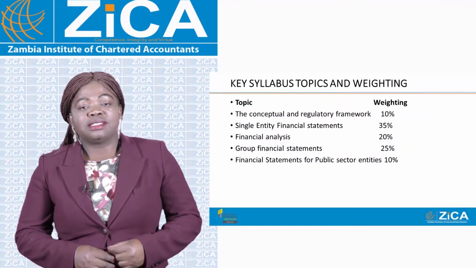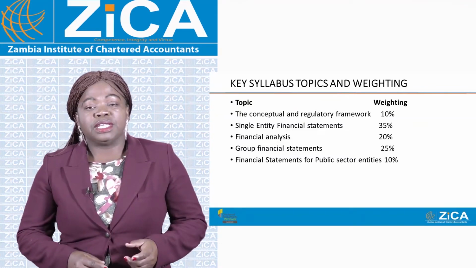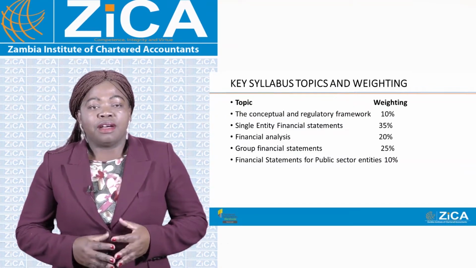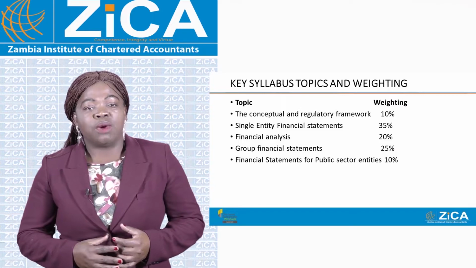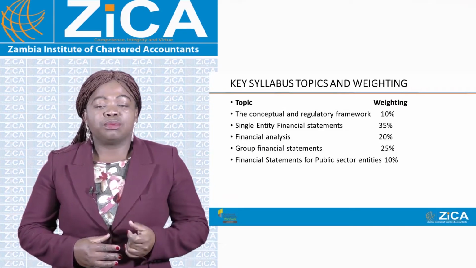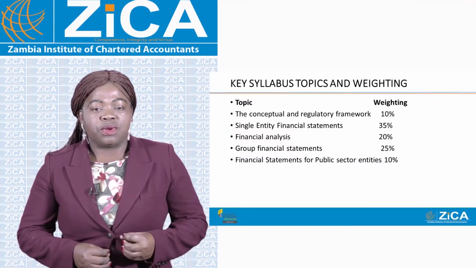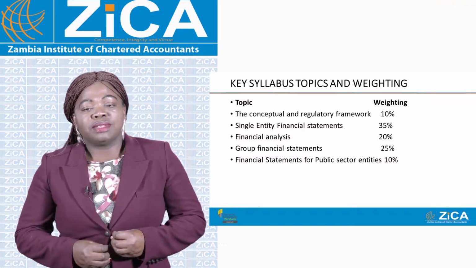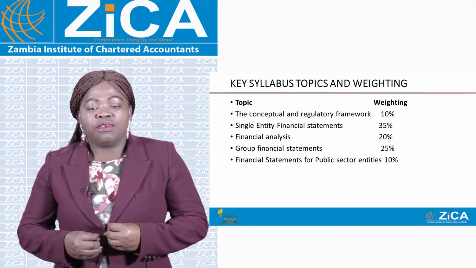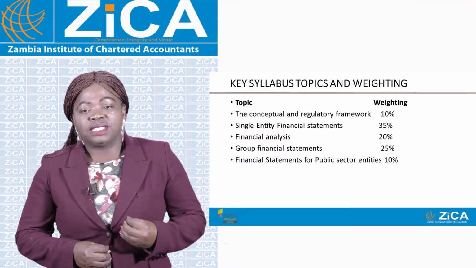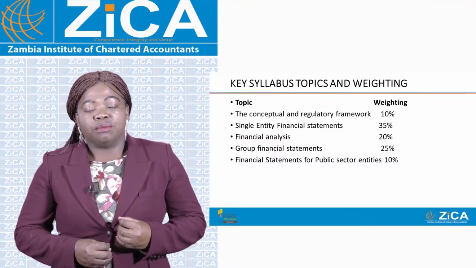The key syllabus topic areas for this particular paper are 4. The first one talks about conceptual and regulatory framework. This one is purely a theory topic, which should be very affordable for any student, even those that are doing self-study, to be very comfortable with.